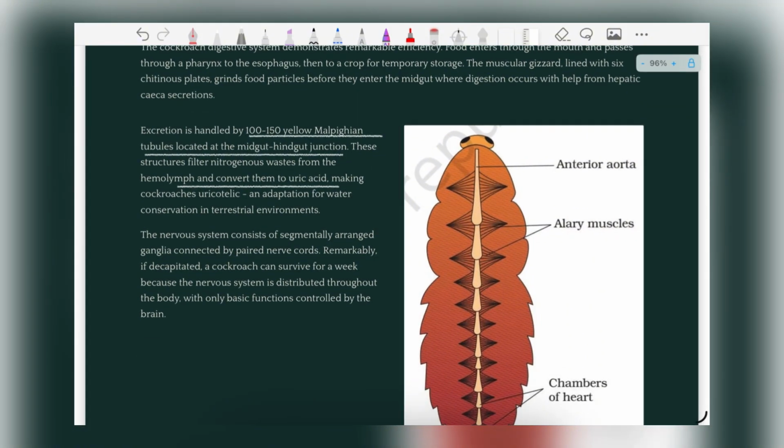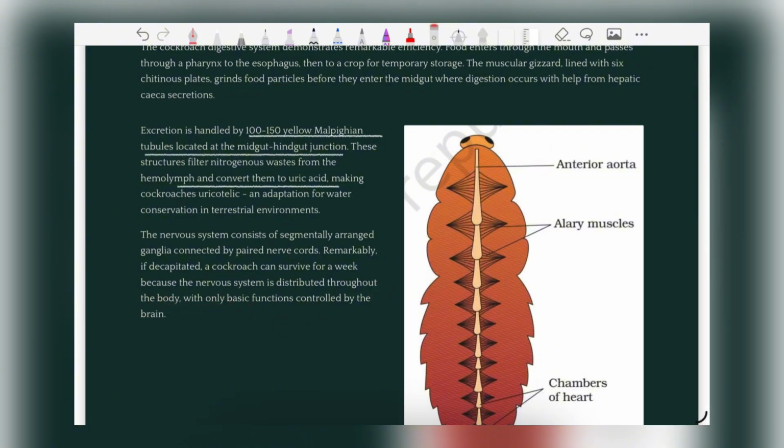The nervous system consists of segmentally arranged ganglia connected by paired nerve cords. Remarkably, if decapitated, a cockroach can survive for a week because the nervous system is distributed throughout the body with only basic functions controlled by the brain.